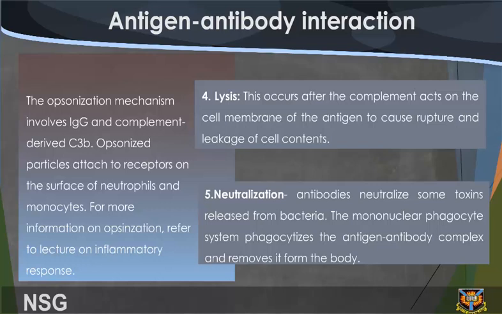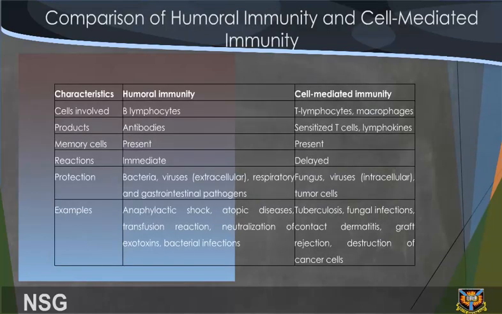This occurs after the complement acts on the cell membrane of the antigen to cause rupture and leakage of cell content. 5. Neutralization. Antibodies neutralize some toxins released from bacteria. The mononuclear phagocyte system phagocytizes the antigen-antibody complex and removes it from the body. Comparison of humoral immunity and cell-mediated immunity. See table.